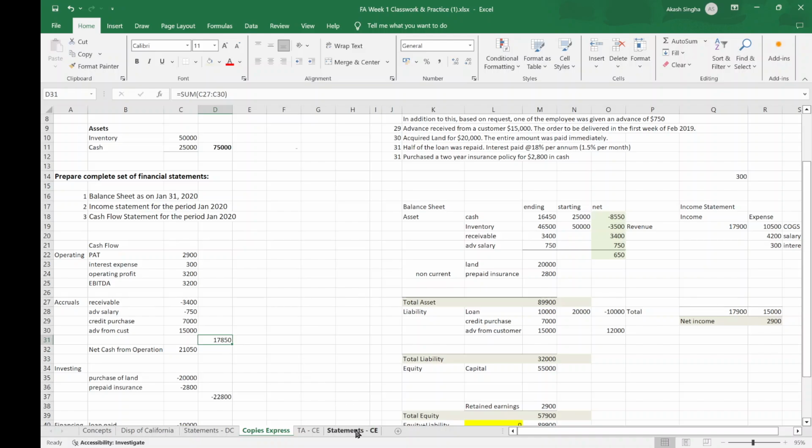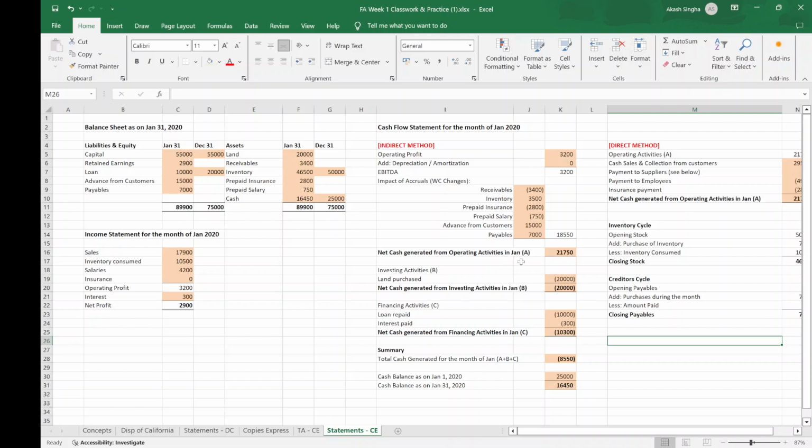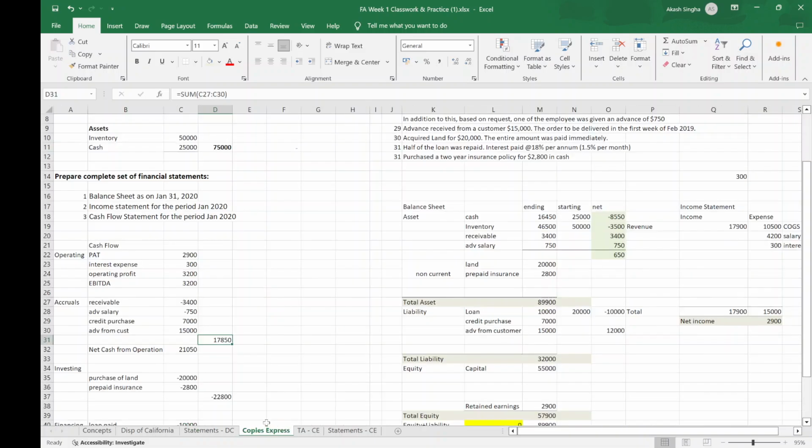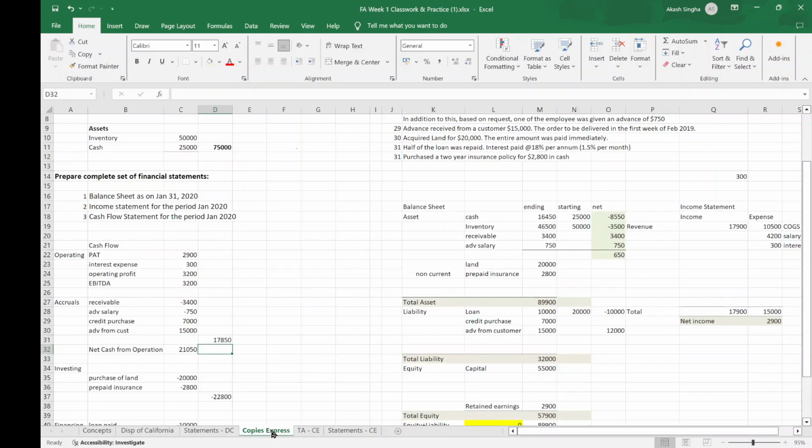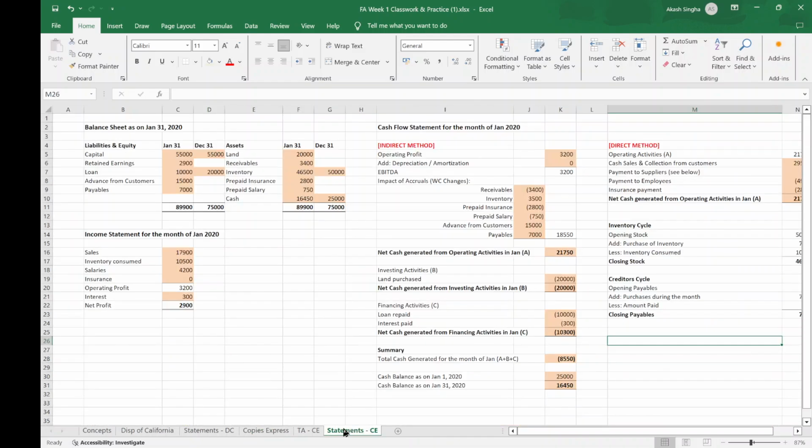So let's see where we went wrong. So 21750 is not similar. Why is it not? 3,200 is 18,550, 17,850. Okay, why is it prepaid salary?